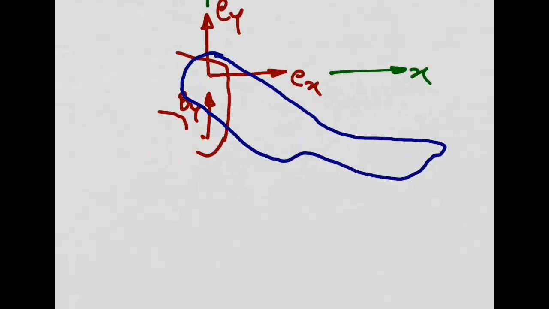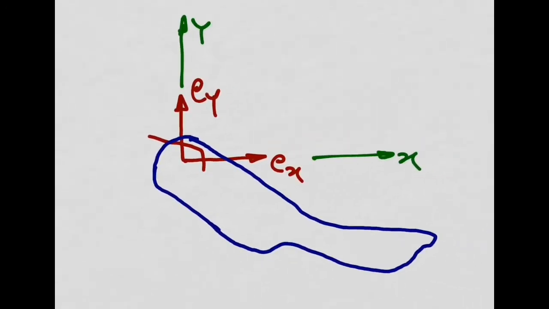So these reactions Bx and By belong to the part in red, so they don't belong to this part in blue. Okay. I'm going to leave for now these two reactions Cx and Cy in red.